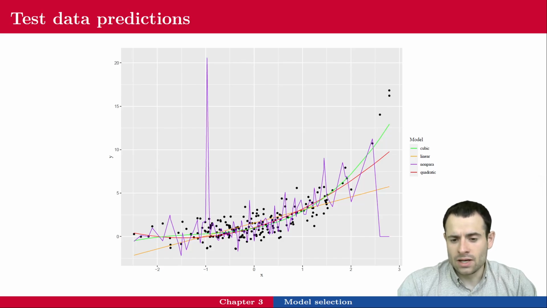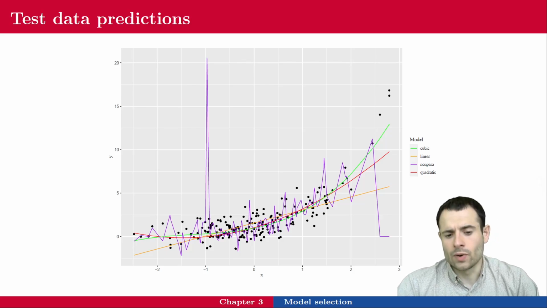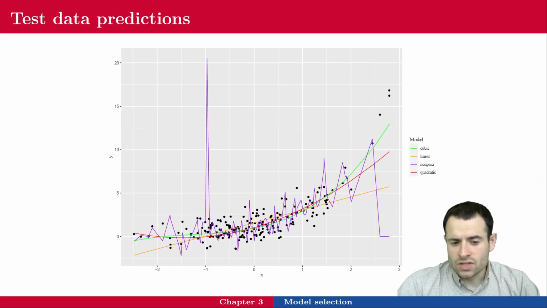I'll do the same with my linear function. So I'm using the same slope as the one I estimated in the previous dataset. And same with the cubic and quadratic regressions. Obviously, now you can see that the green line and maybe the red line are the best at predicting the dataset at hand.